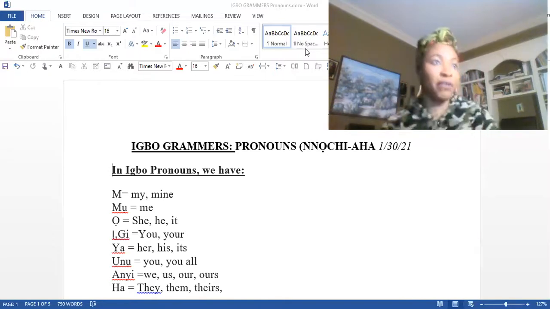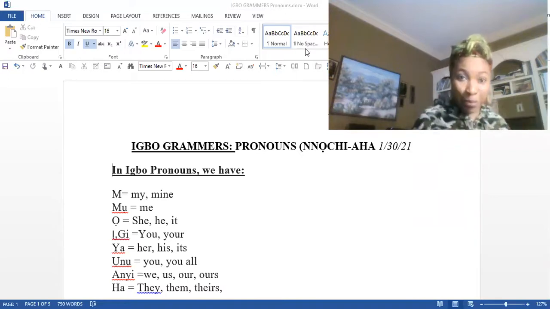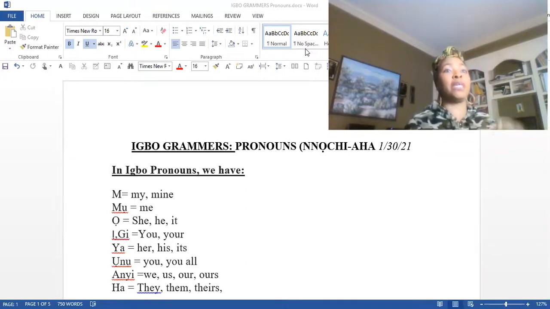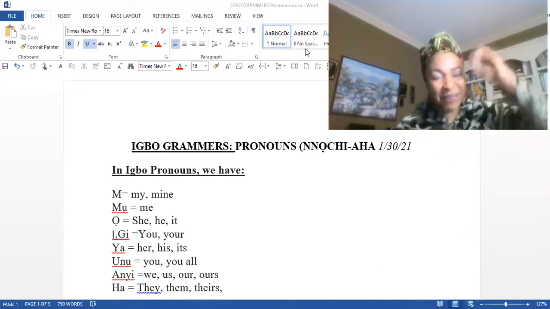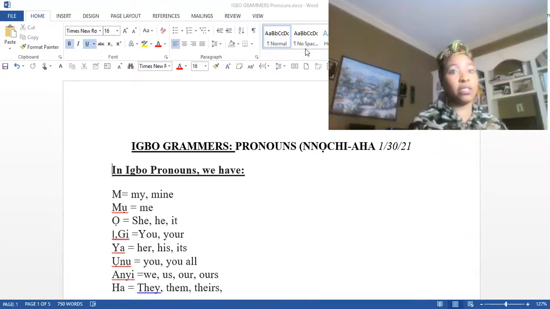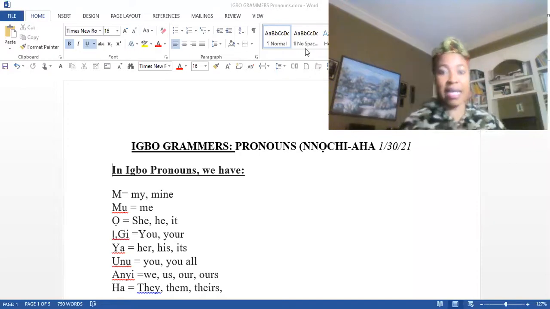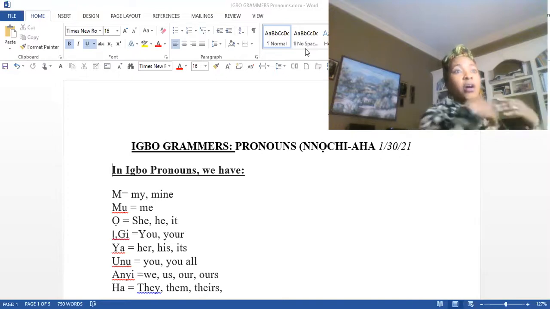And we also have impersonal pronouns. This is indefinite, okay? And these pronouns do not refer to a specific object. It does not refer to any object or a person. An example is it, or someone.